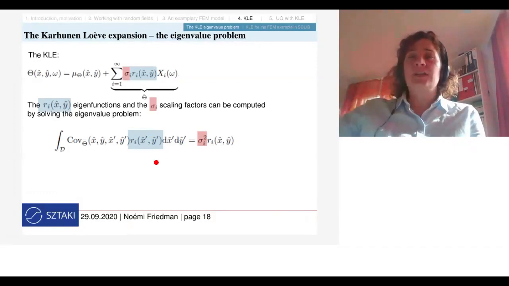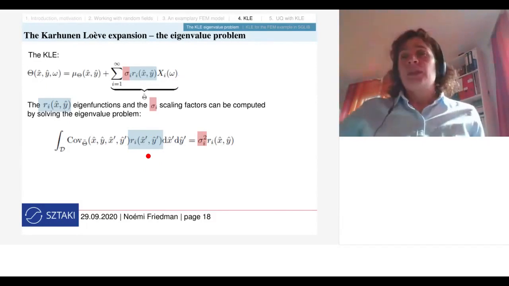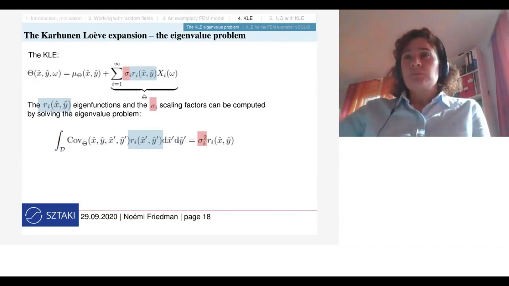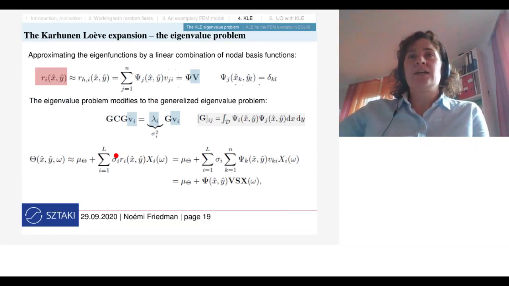Now, this is in the infinite dimensional space, so it would be difficult to compute this expression, and because of that, I try to numerically discretize the problem to be able to code it directly in MATLAB.